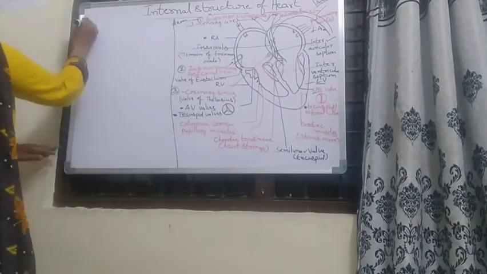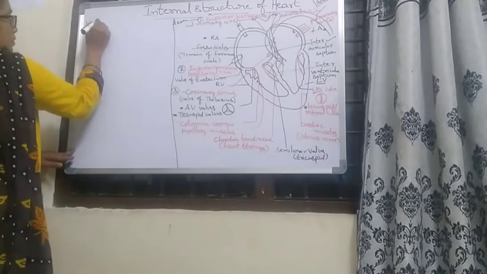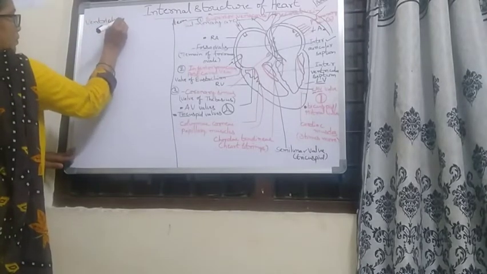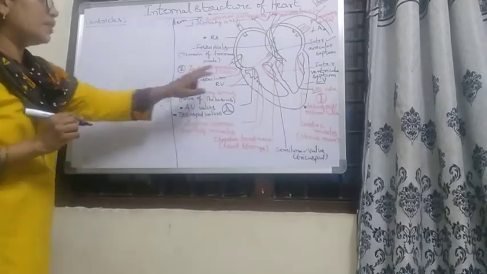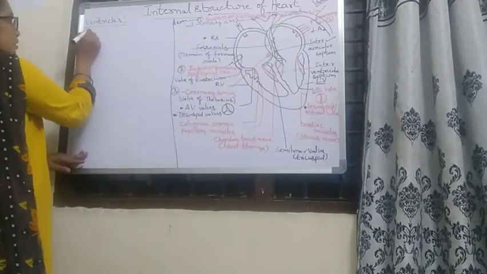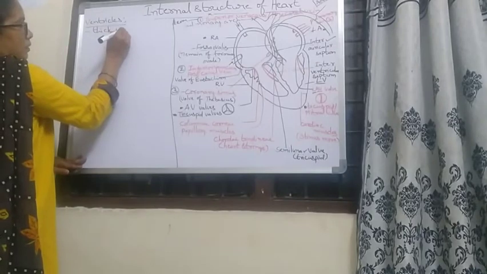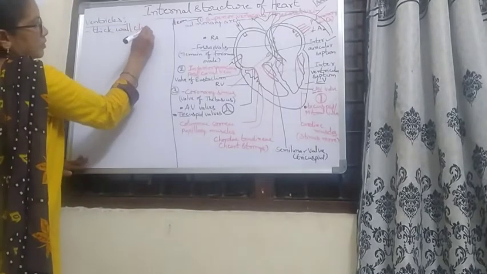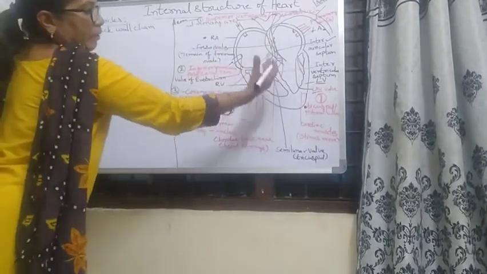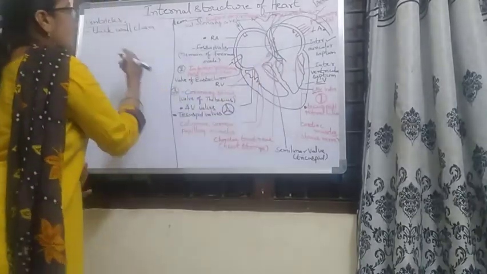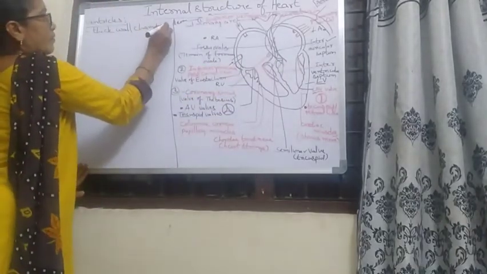Now about the ventricles. Ventricles are thick walled chambers. The lower chambers are called ventricles.